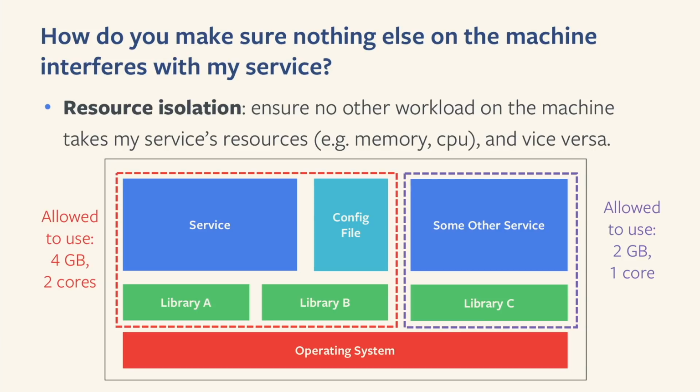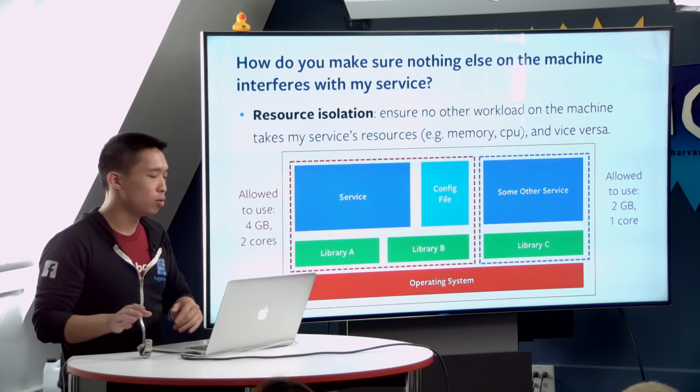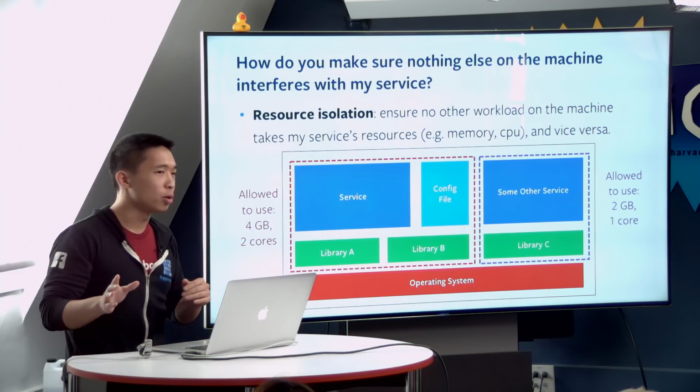Next challenge is, how do you make sure that stuff on the machine doesn't interfere with my work, and vice versa? Let's say there's something more important running on the machine, and I want to make sure my dummy web app doesn't interfere with that work. As an example, let's say my service, the dotted red box, should use 4 gigabytes of memory and maybe 2 cores, and something else on the machine wants to use 2 gigabytes of memory and 1 core.